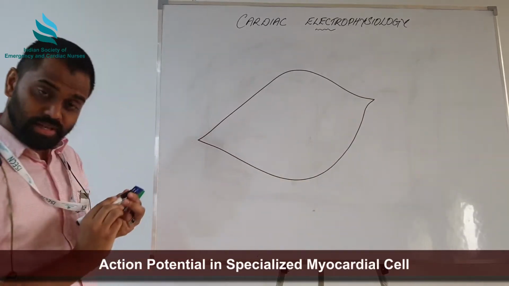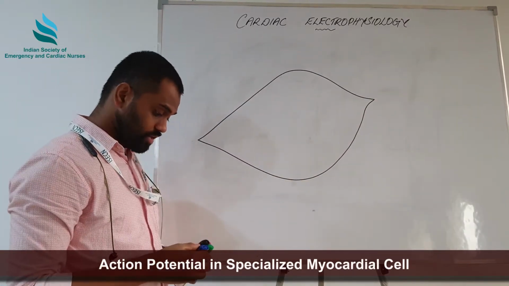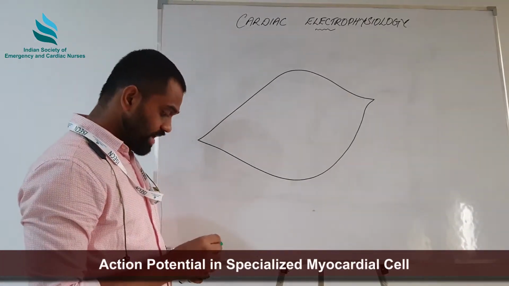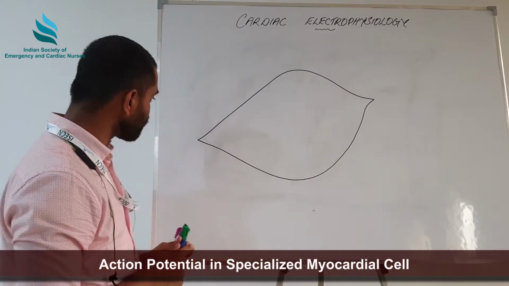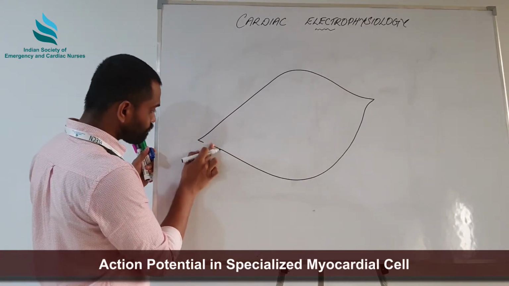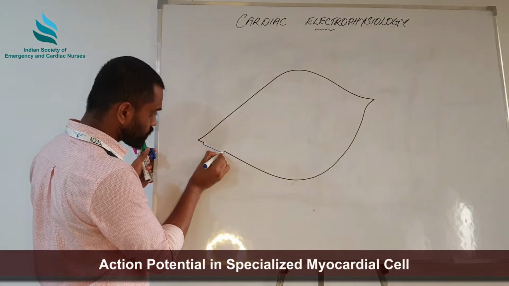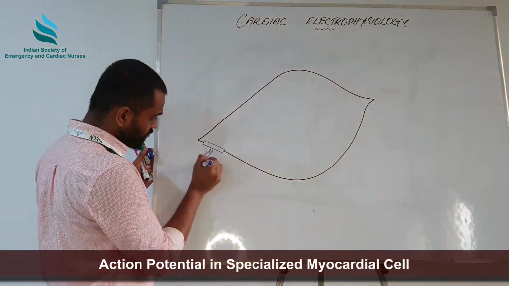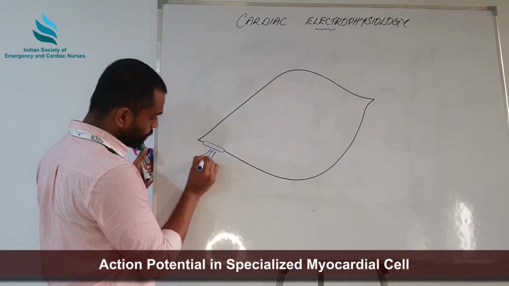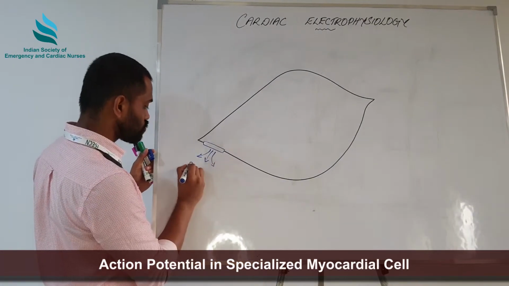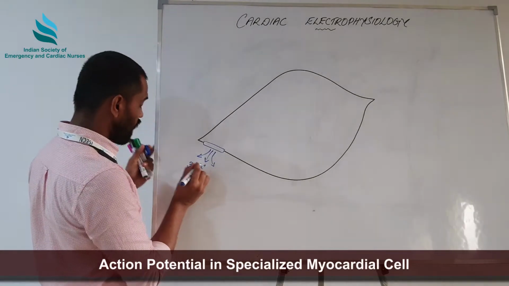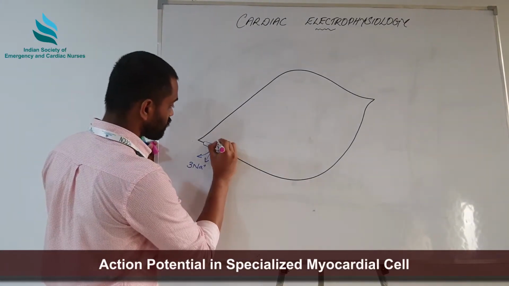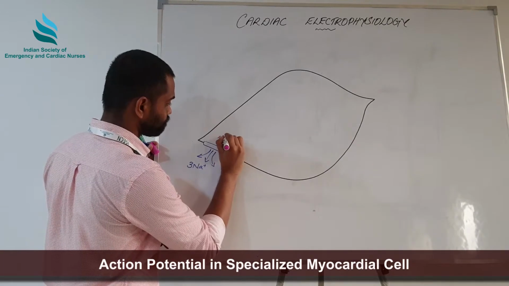Quite similar to the contractile myocardial cells, the SA nodal cells also have the sodium potassium ATPase, which is regularly throwing out sodium and gaining in potassium.